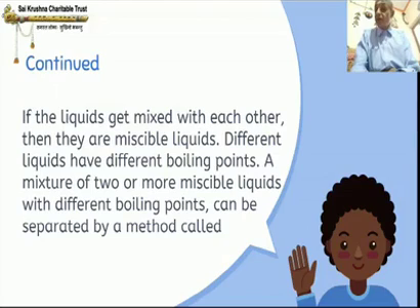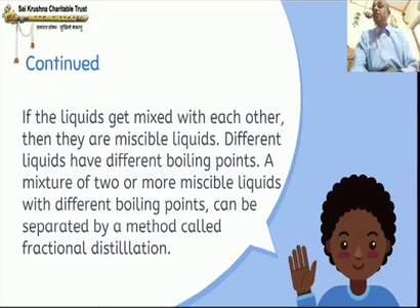Different liquids have different boiling points. A mixture of two or more miscible liquids with different boiling points can be separated by a method called fractional distillation.